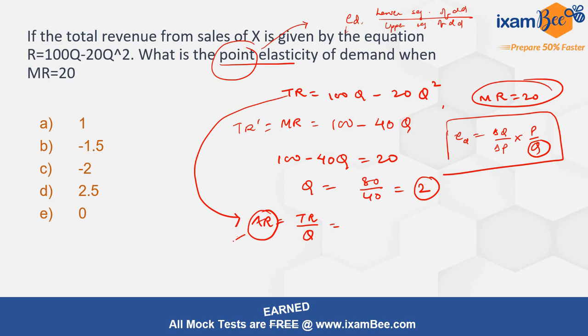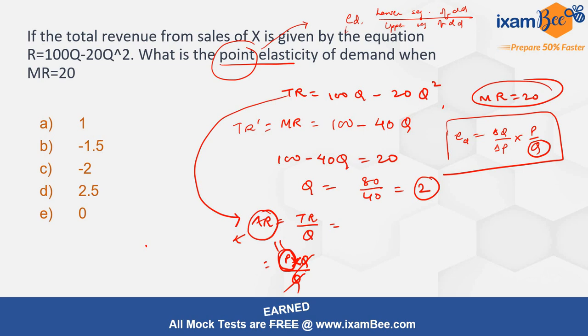I have discussed this many a time: average revenue is total revenue divided by quantity, and total revenue is price times quantity, divided by quantity. So essentially average revenue is your price. By the average revenue equation you actually get the price function.